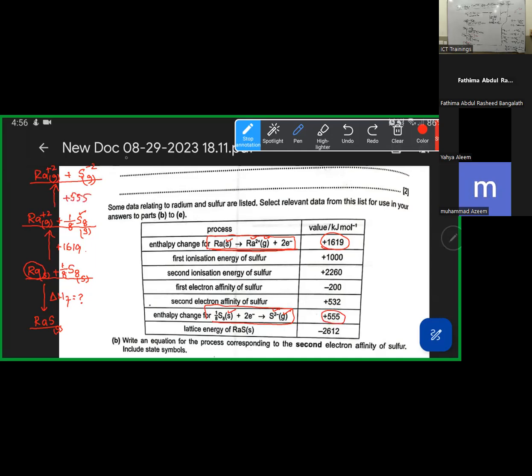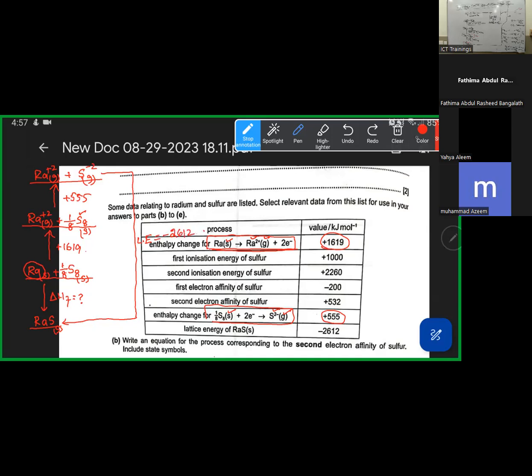Now these have changed into gaseous ions, and these gaseous ions attract each other to form this ionic compound. So this is the lattice energy. The value is given in the question, -2612.